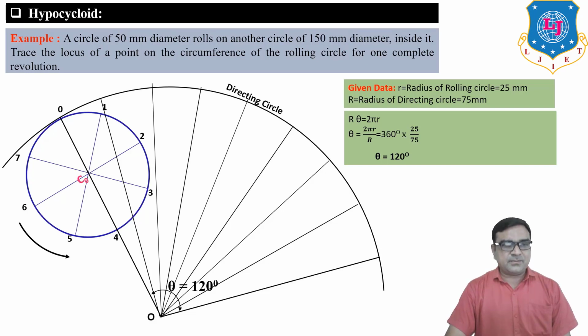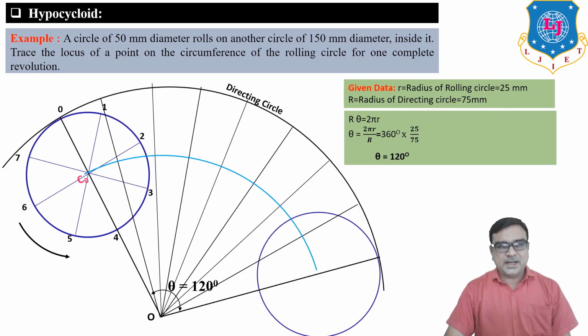C0 is the center of the rolling circle. Now draw an arc by taking O as center and OC0 as radius. This is the center arc on which we will get the C1, C2, C3 points. This is the end of the circles after one rotation. Insert the center points C1, C2 up to C8.